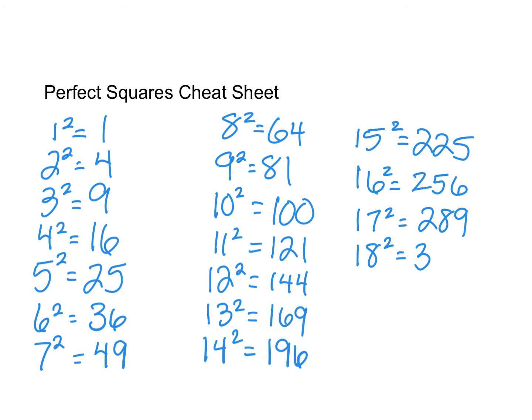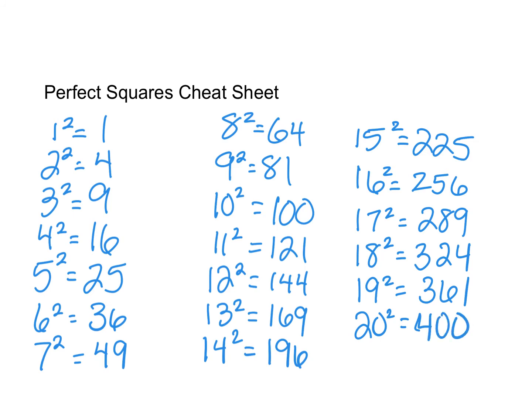It might come up. 324. It's 361. And 20 squared will be 400. All right, so that's going to give you just kind of a list to reference.